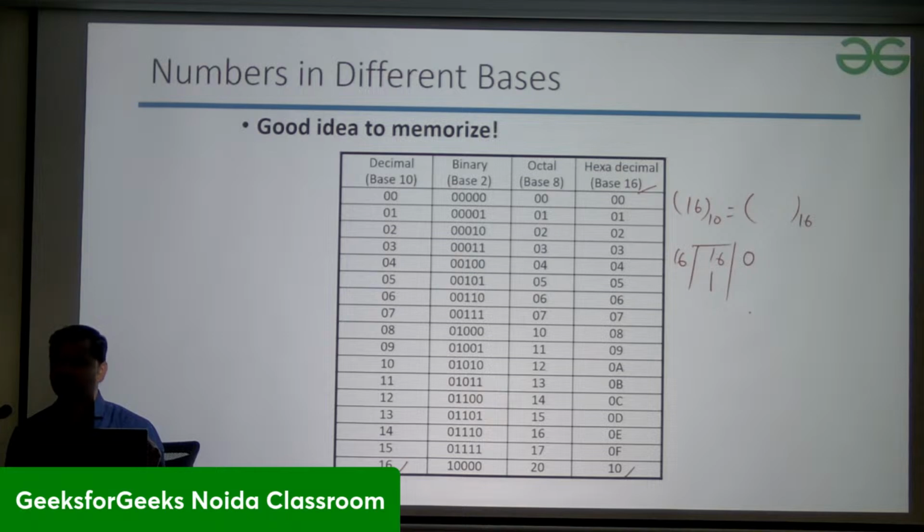Okay, so it is 10 base 16. All right, this is 1 followed by 0, so 10 in base 16, which is the required value over here. Okay, and in octal number system, 16 2s are and 0, so it is nothing but 20 in base 8.